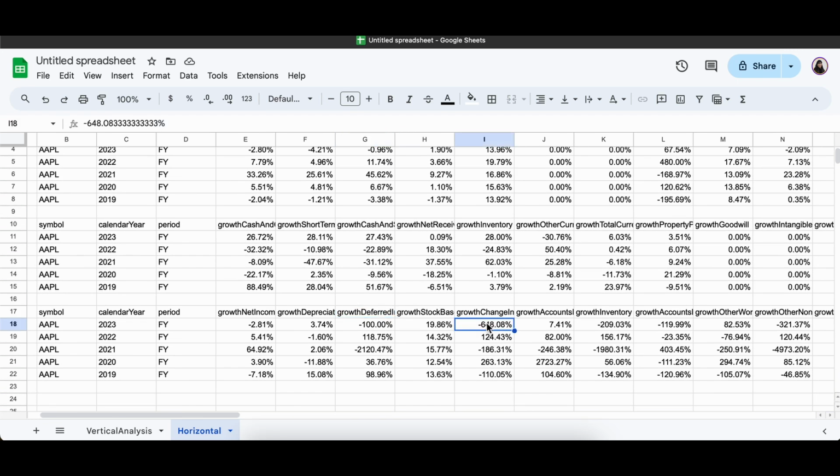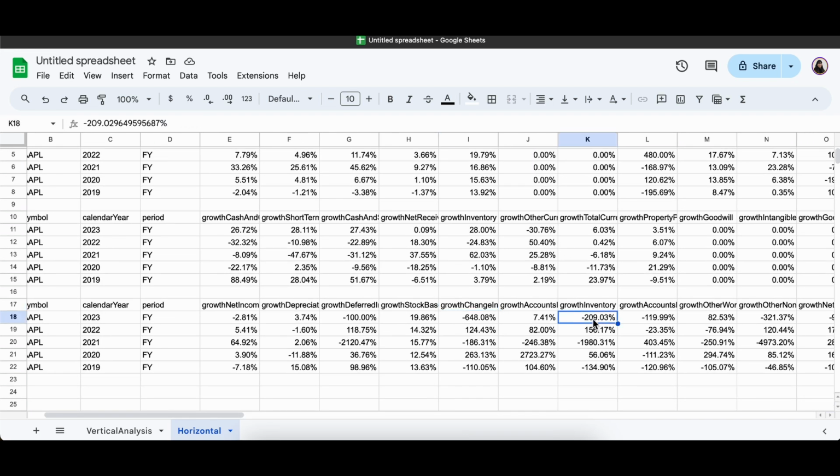Then what we have here, minus 648, it's a change in working capital. This can reflect changes in how the company is managing its current assets and liabilities, maybe some very aggressive cash management strategies and some restructuring operations are happening. Again, you should read the financial statement and auditors comments to understand it closely.